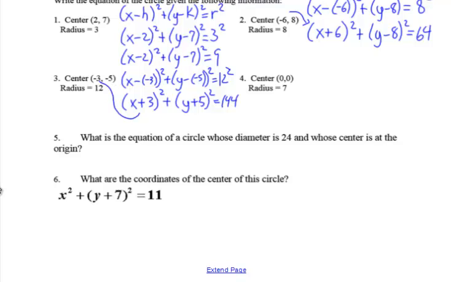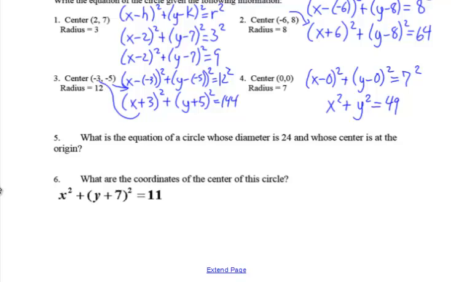From negative 3 it becomes positive 3, and that negative 5 becomes positive 5. So that just reverses. Okay, and then our last one, 0, 0. So we have x minus 0 quantity squared plus y minus 0 quantity squared equals 7 squared. And again, you might just recognize that right from the start as x squared plus y squared equals 49.